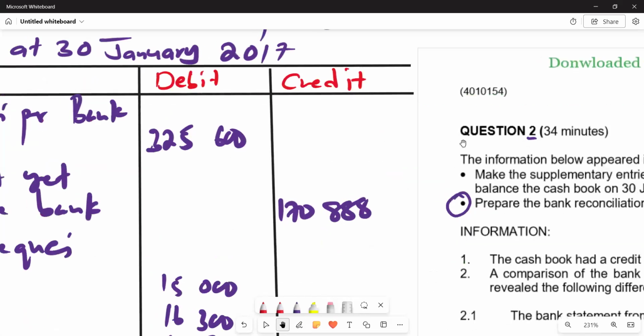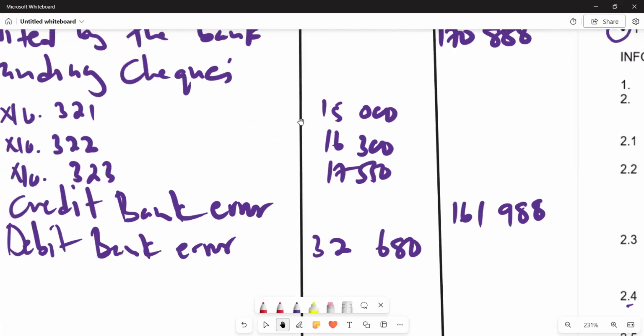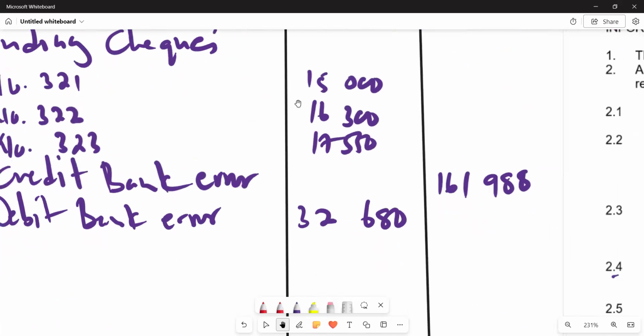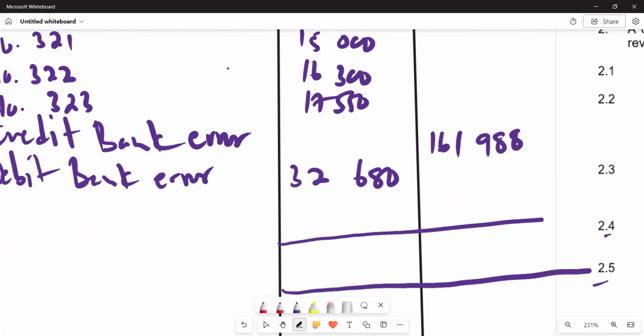So this is what we have, and then you'll see that now we can add the total of the debit and the credit, and leave a space for a balancing figure. So we can just put our double lines, add the total of the debit and add the total of the credit. You are going to see that the total of the debit is going to be greater.